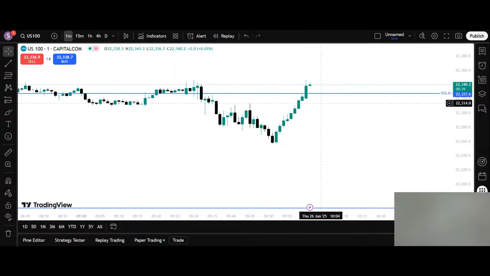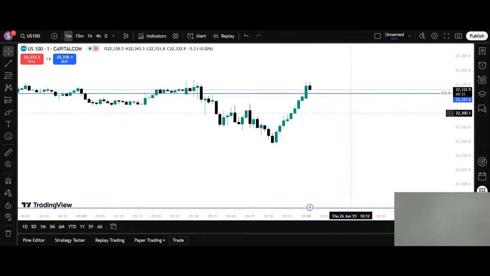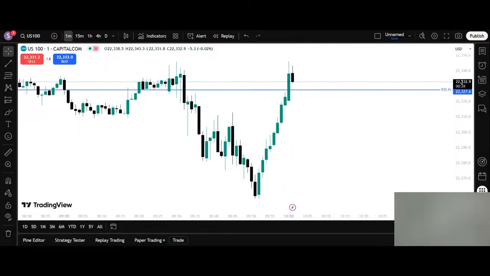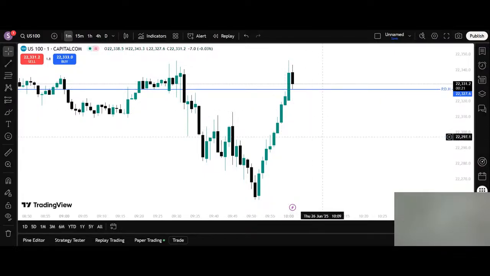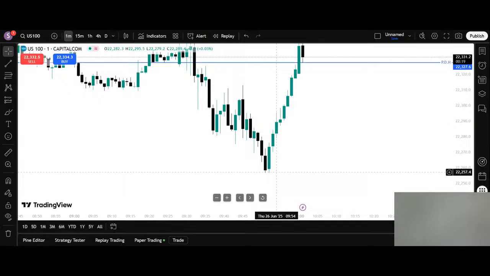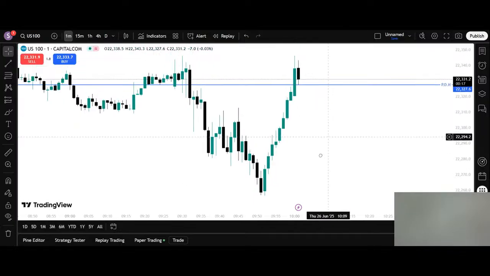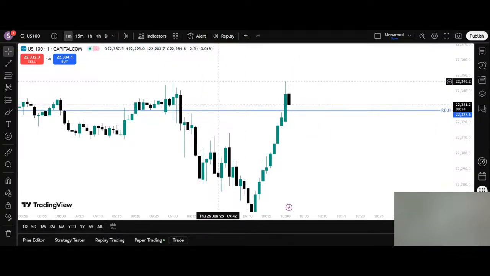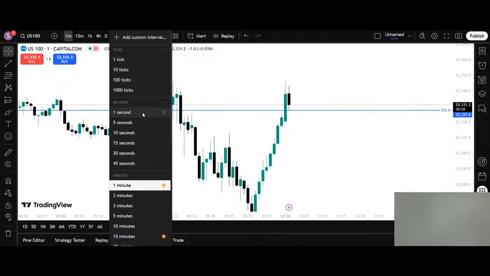The price is very volatile right now, so let's see if it gives a tap in towards these FVGs over here and then pumps, then we can get a good entry. For now, I don't see a good entry.